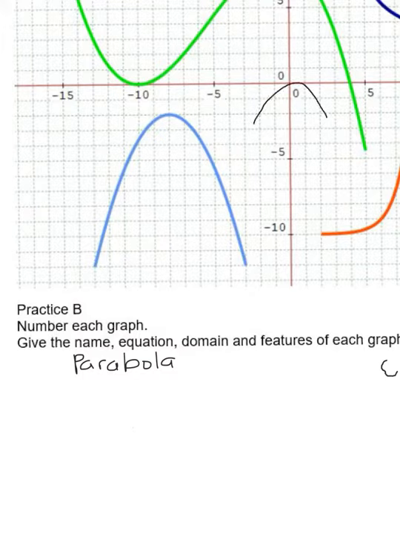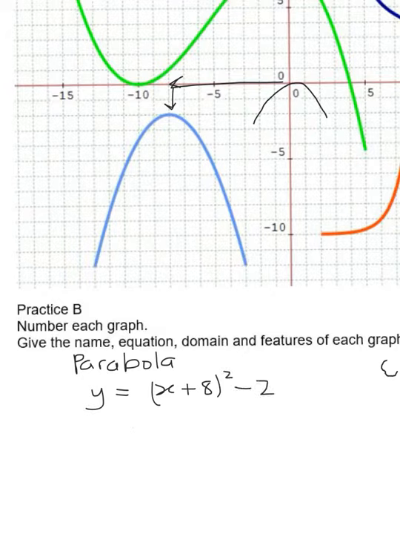So this parabola has moved to the left 8 squares and down 2. So y equals negative a, x plus 8 in the brackets squared, because it's a parabola, minus 2, it's gone down 2.